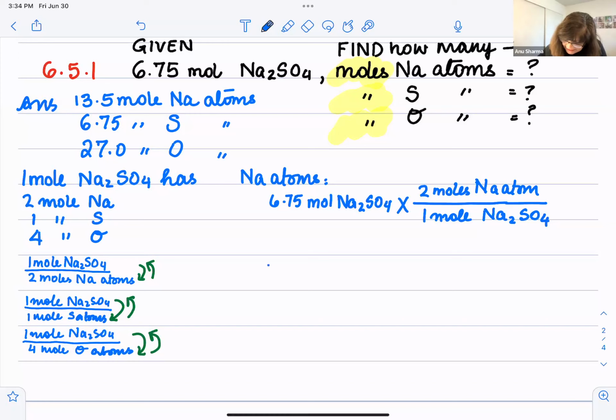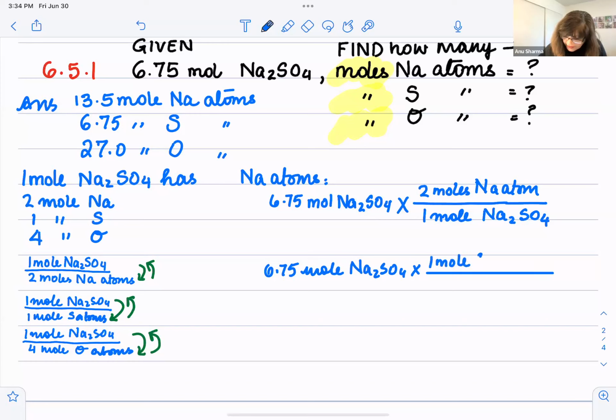Okay, next is 6.75 moles of sodium sulfate, Na2SO4, times how many sulfur atoms? There is 1 mole of sulfur atoms over 1 mole of Na2SO4.